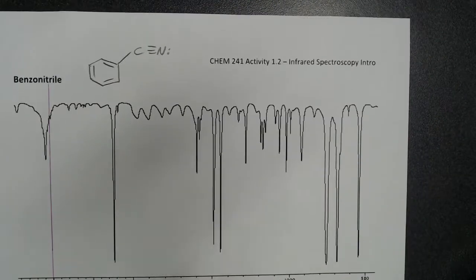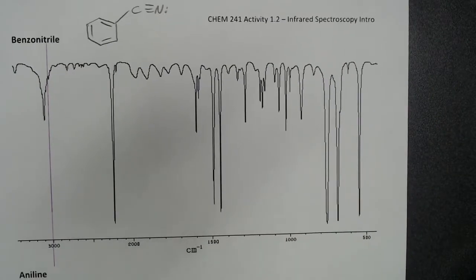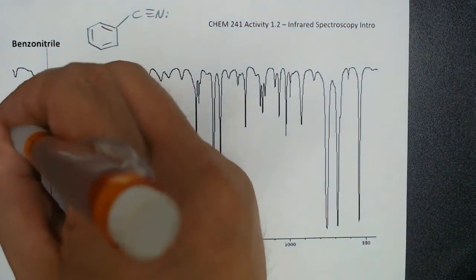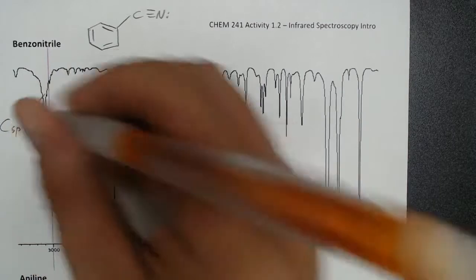Okay, so did that look like a CSP2H or a CSPH? SP2. If it's SP, then it's further out, about 3,300. If it's just straddling that line just to the left, that is a CSP2H. And that makes sense because we shouldn't have that.